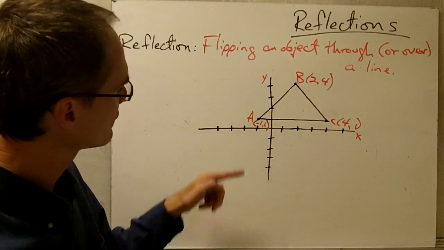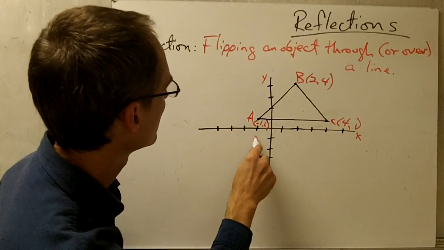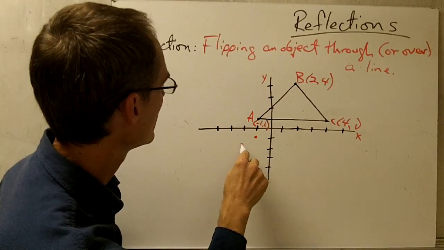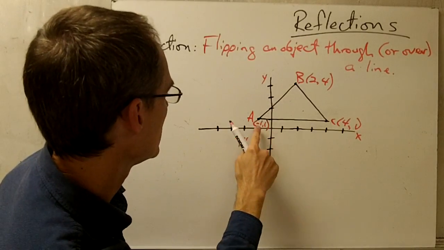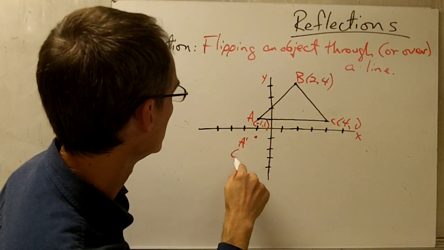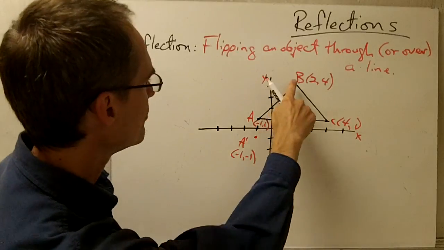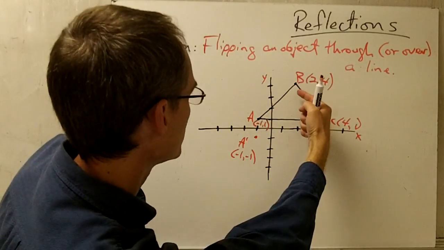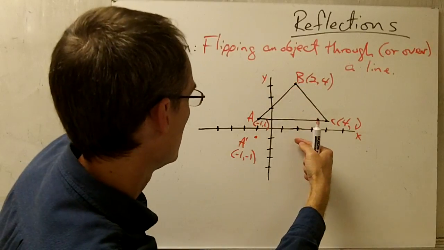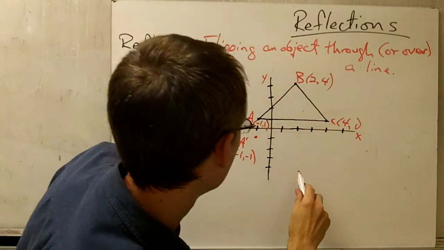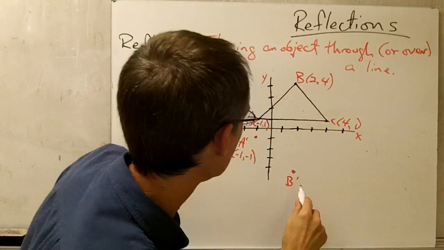If I reflect this vertex over the x-axis, that's going to put that point right here. That'd be point A prime, and that's going to be -1, -1. Point B is going to flip 1, 2, 3, 4, right down here, and that's going to be B prime.